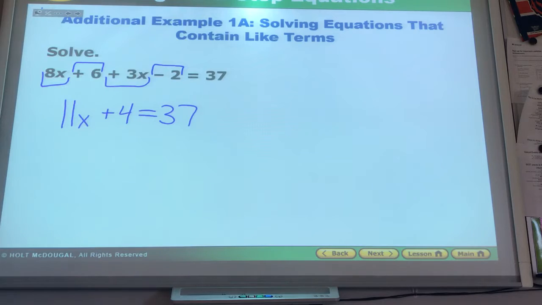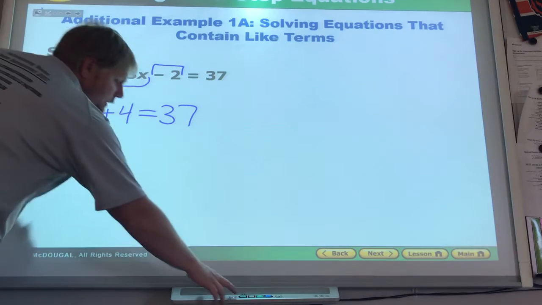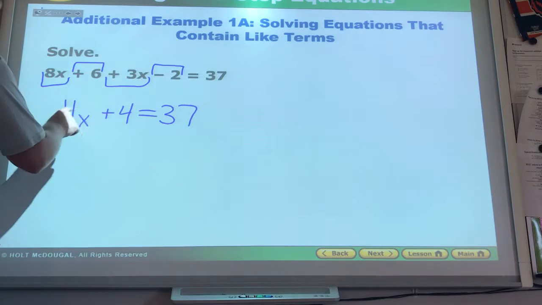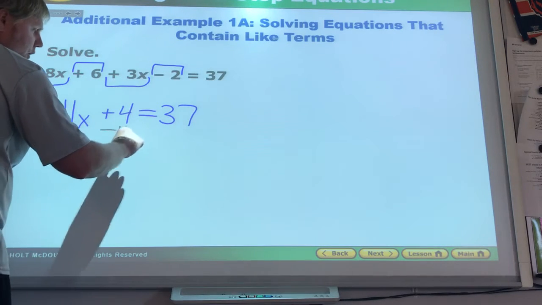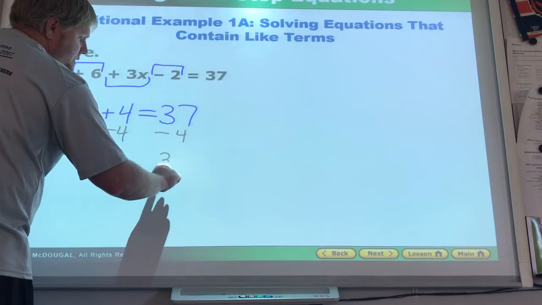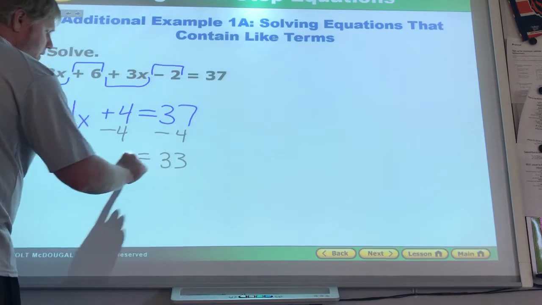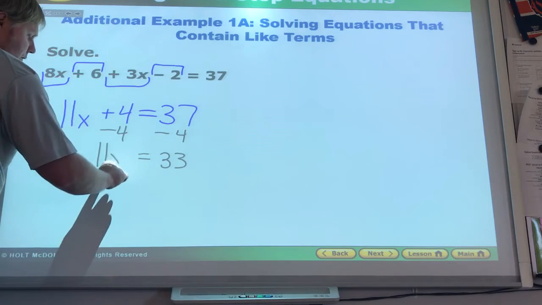First step, combine all like terms. Second step, try to get the variable by itself. Subtract 4, there's a 33. And 11x equals 33.